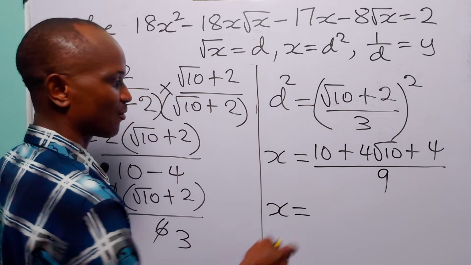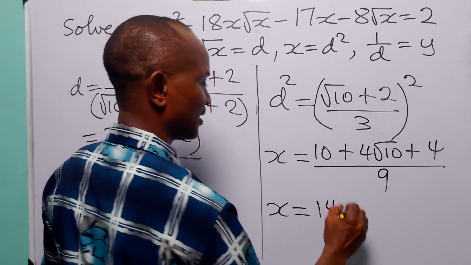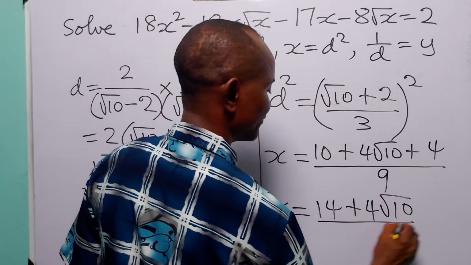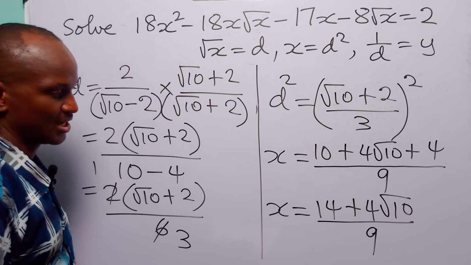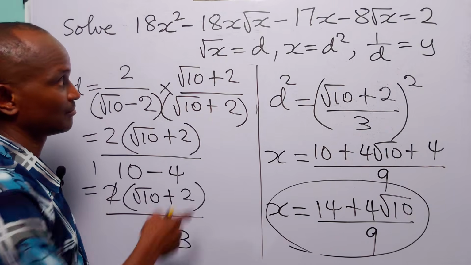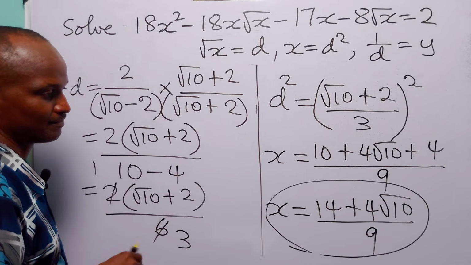So x is equal to 10 plus 4, that is 14, plus 4 root 10, divided by 9. So this is the only value of x that satisfies this radical equation.